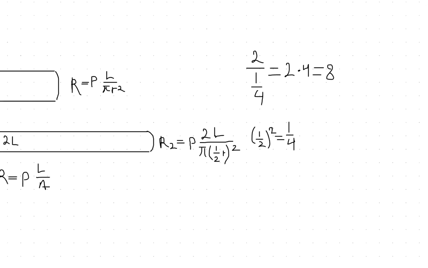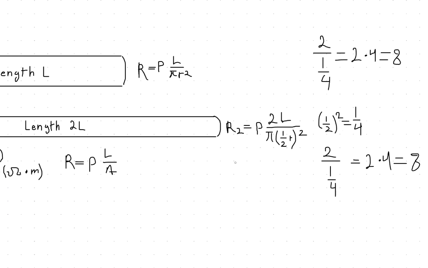So it would be 2 over 1/4, which, when you divide by a fraction, you just flip it and multiply. So that will be 2 times 4, which will give us 8. So now we'll pull the 8 all the way back to the front.